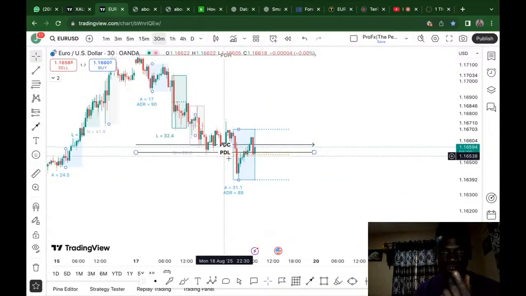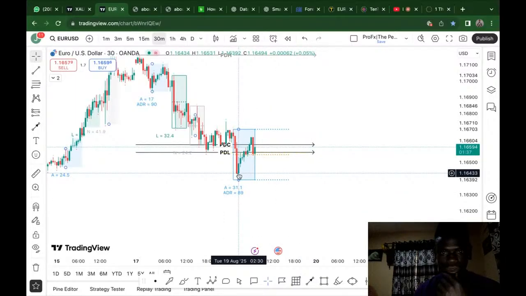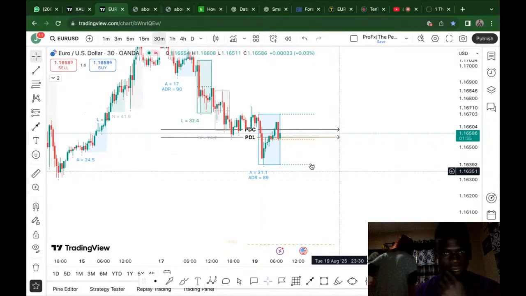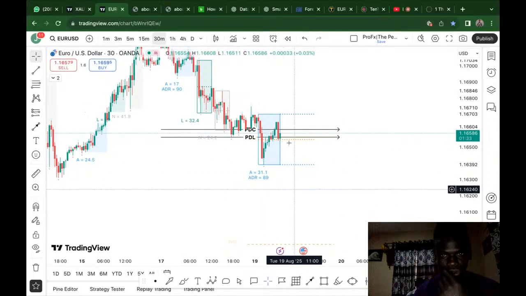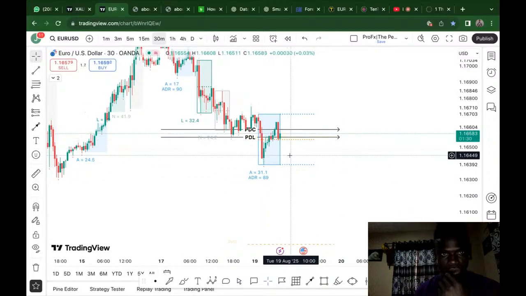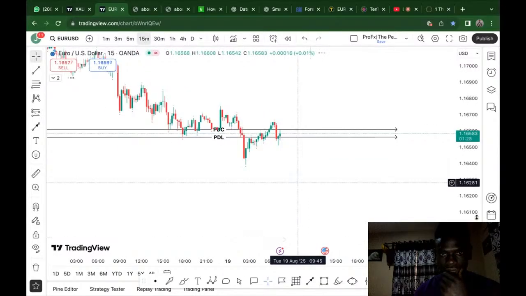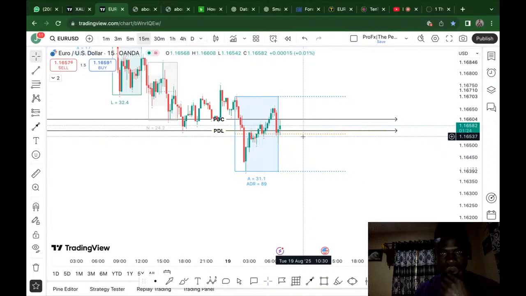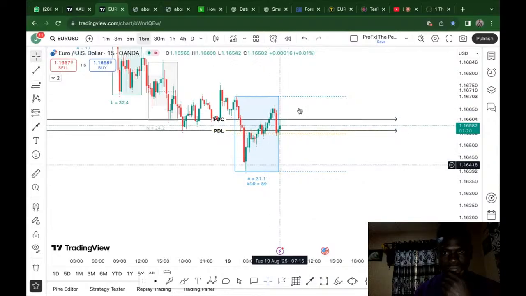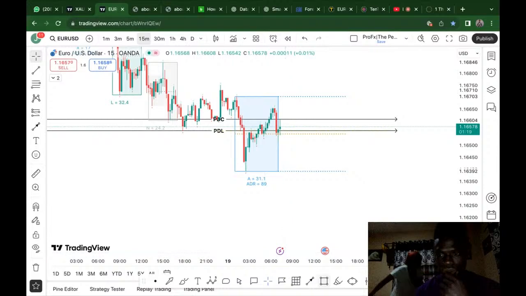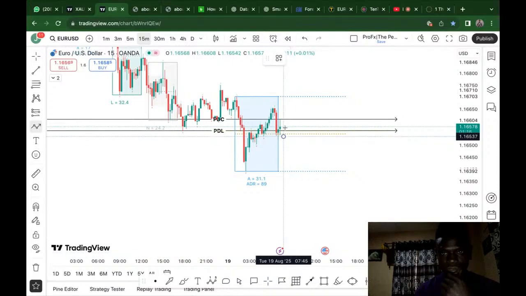So we have a break of structure and we have a close. The next one I want to see is candlestick confirmation to break and close below. Once I see candlestick confirmation, break and close below, I sell.